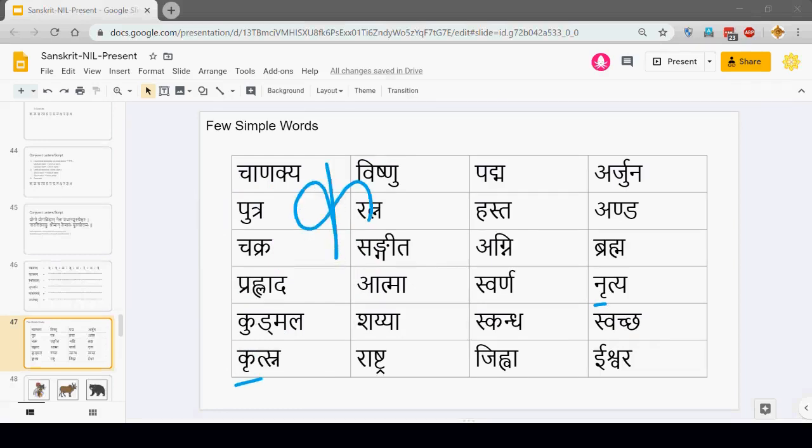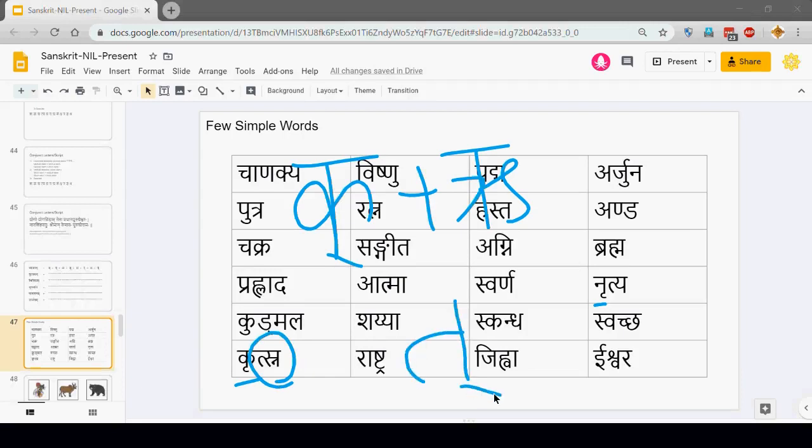After ka we have a vowel ru, kru, and then going from left to right, top to bottom, both are there in this combination. The leftmost is the ta, written without the vertical line.